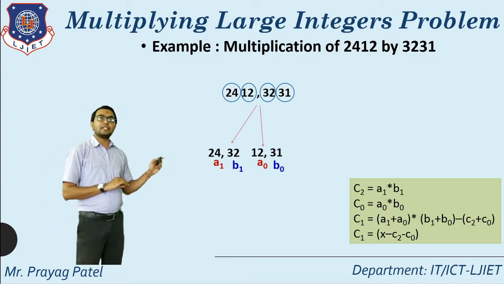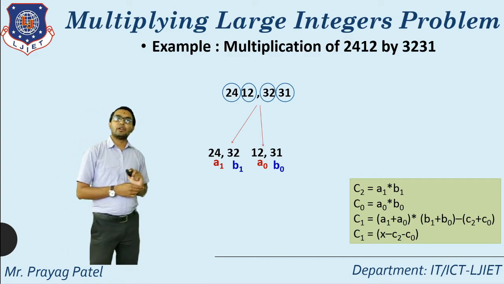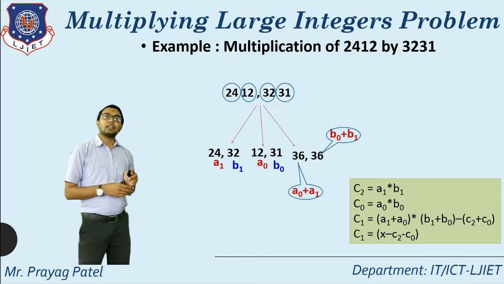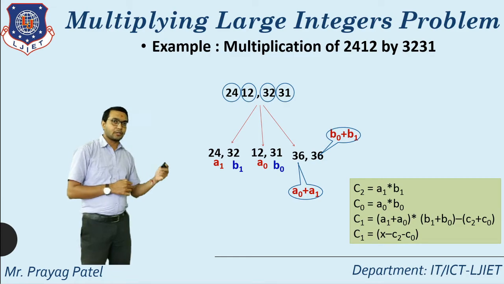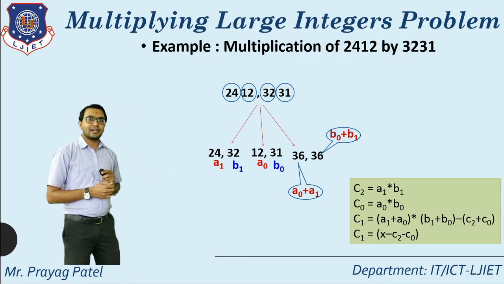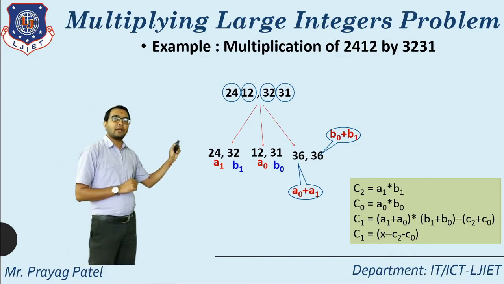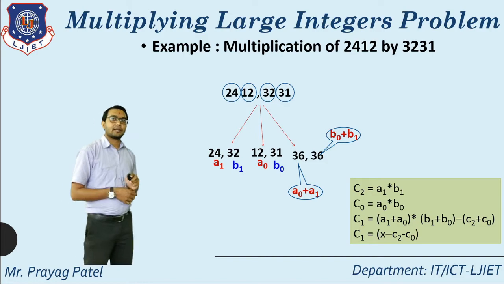Next value is A0 B0. A0 means 12, B0 means 31. The third multiplication is A0 plus A1 with B0 plus B1. So here A0 plus A1 equals 36 and B0 plus B1 is also 36.